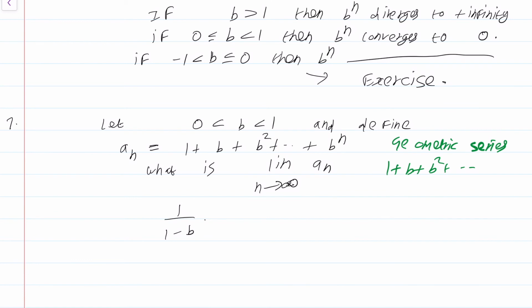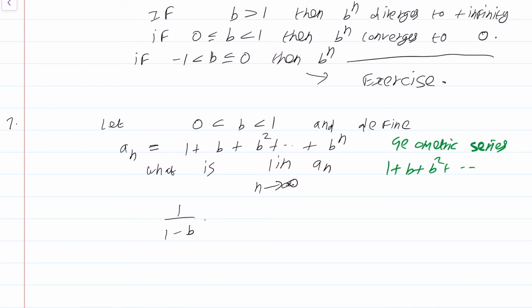So this geometric series will serve as a motivation. In fact, this was related to what we saw in that story about chocolate wrappers. So this series converges to 1/(1 - b).